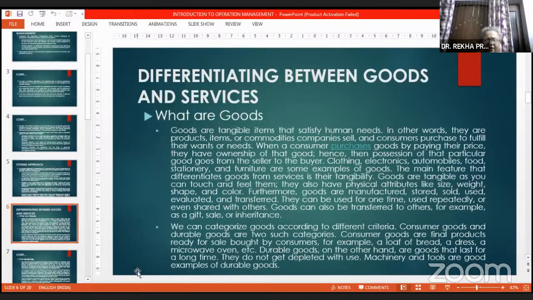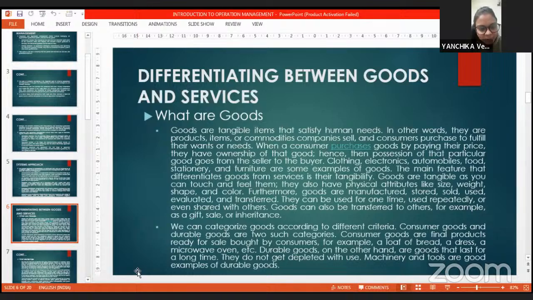Now we'll see what are the differentiation between goods and services. Goods and services. What are goods? Goods are tangible items that satisfy human needs. In other words, they are products, items, or commodities companies sell and consumers purchase to fulfill their wants or needs.